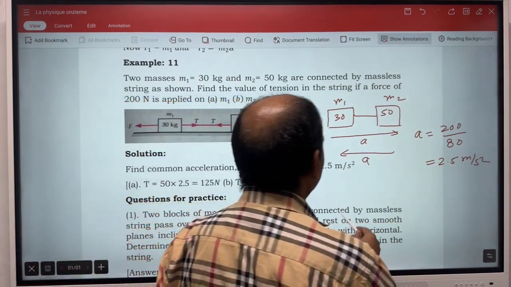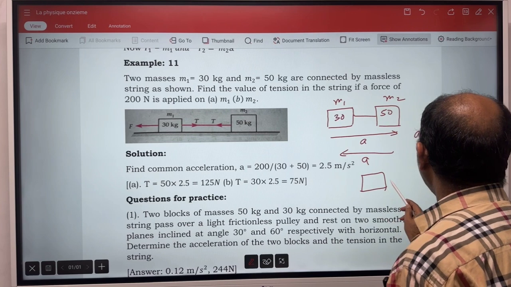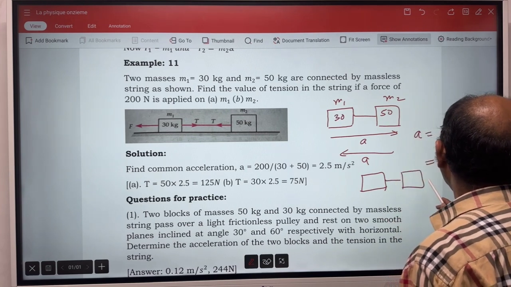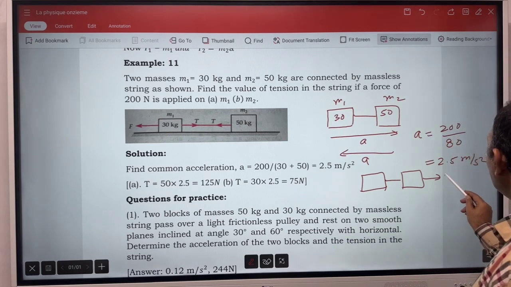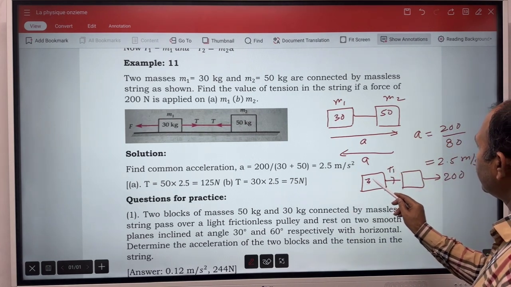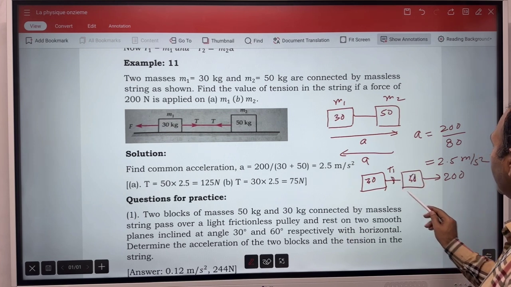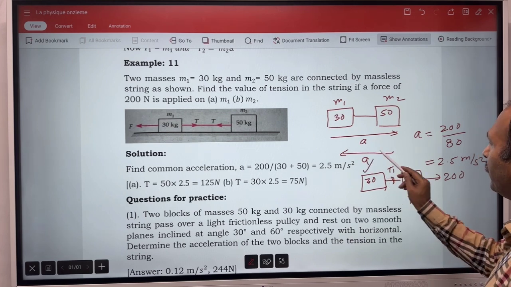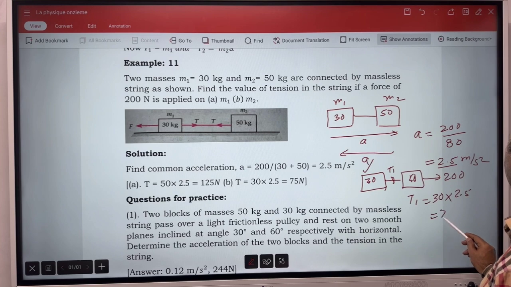Now, as I told you, if force is applied on this side, here 200 Newton is applied and you have to find out T1. Here it is 30 and here this is 50. So T1 will be mass to be pulled. So 30 kg is to be pulled times common acceleration 2.5, that is 75 Newton.